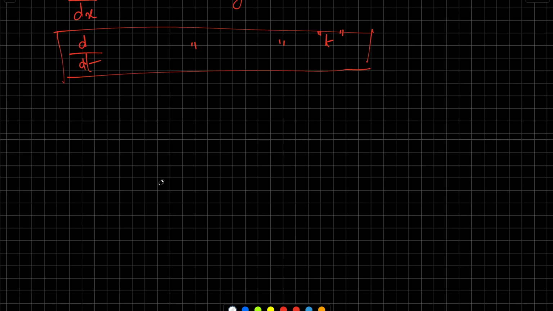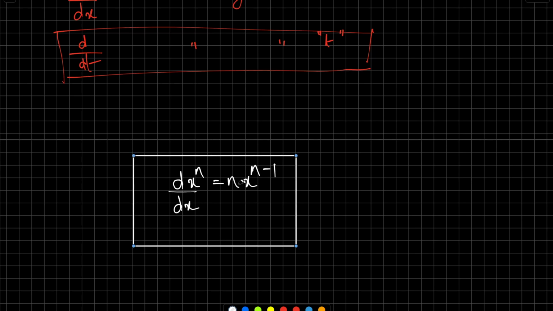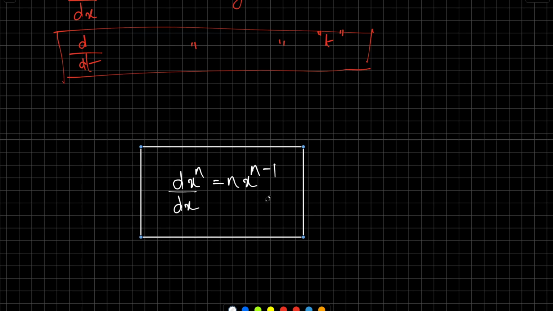This is our main formula for differentiation. d by dx of x to the power of n equals n x raised to n minus 1. That is the formula for differentiation. x is a variable, it's a function.